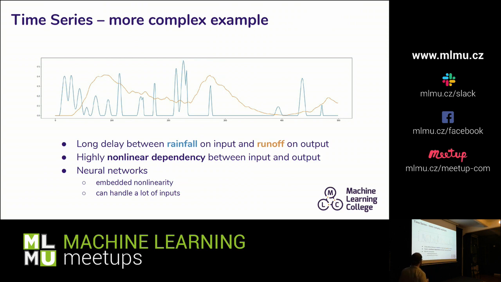And why I chose that is because there are very long nonlinear dependencies between the input series and the output series. And this will pose quite a problem for a classical approach because of these long dependencies. While I can actually use it and try it, this will probably not work.